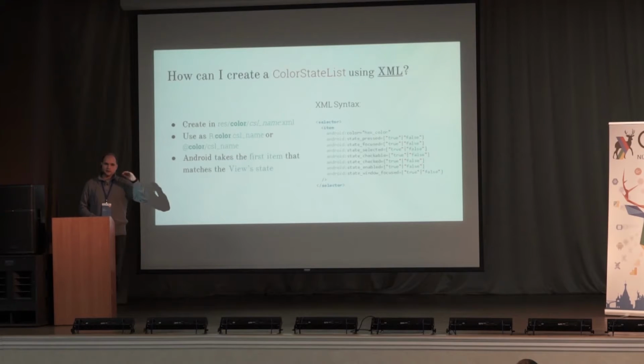So if you have focused and then checked, it will take the focused, even though your view is also checked. It will take the first item that it matches. That means that the default state needs to be all the way down below. So the default state is the last one in the selector.